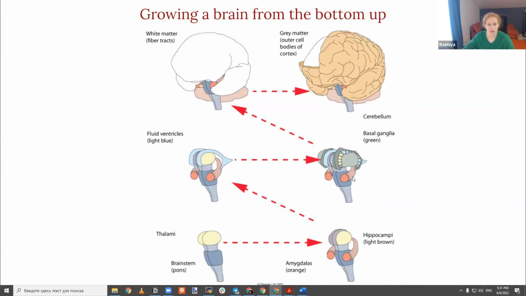And so the white matter and neocortex is around all this stuff: basal ganglia, hippocampus, amygdala, ventricles, and of course thalamus and brainstem.